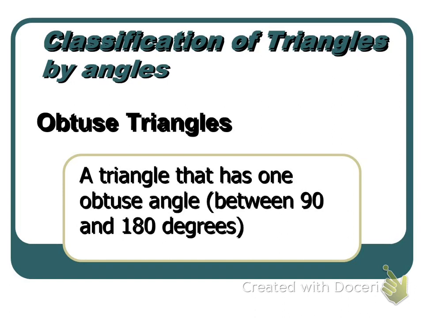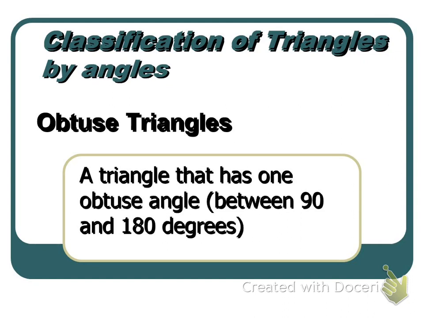Do you understand exactly one? If somebody has exactly $1, that means they have exactly $1, but a person that has $2 has more than $1. So exactly one means one and only one obtuse angle. It's impossible for a triangle to have more than one obtuse angle because it would be more than 180 degrees.